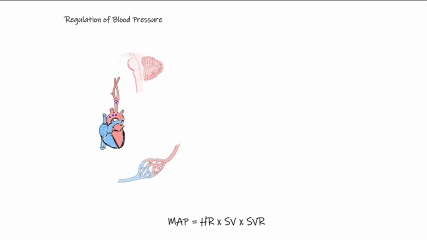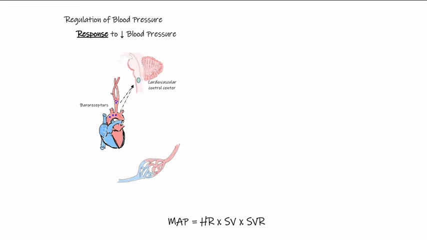So let's look at each of these a little bit more specifically. And the way that we think about these things is always going to be, what is our body's response to a drop in blood pressure? Okay. So if we have a drop in blood pressure, what will the response be? A drop in blood pressure will be picked up by the baroreceptors.